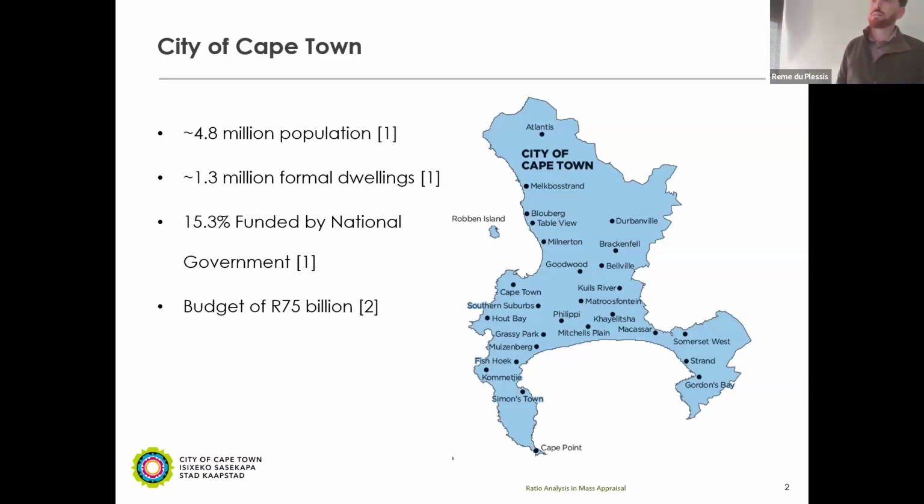So that's a lot of money. We need to get that funding from somewhere. So a lot of the funding that we get comes from the services we provide, mainly electricity generation and distribution, but also water and sanitation, solid waste removal, and other services that have surcharges and rates connected to them.